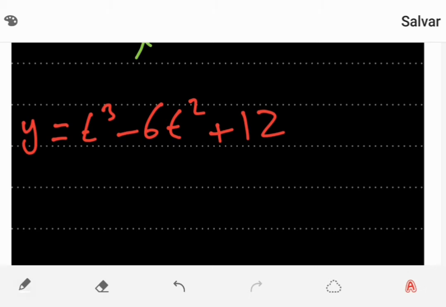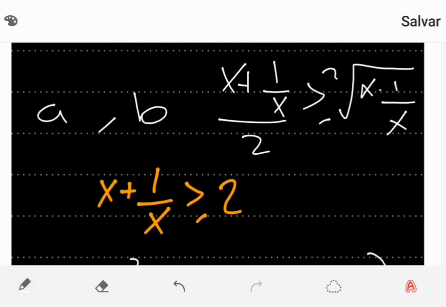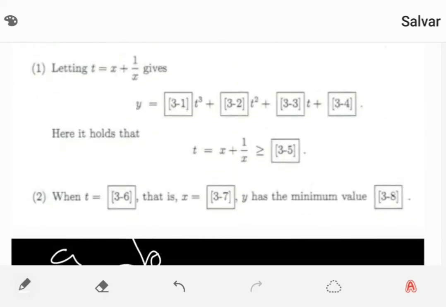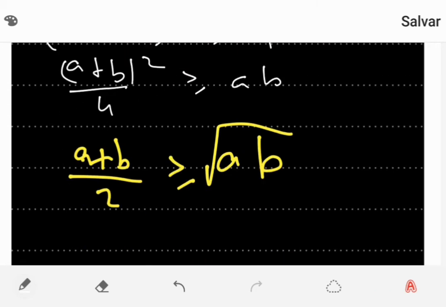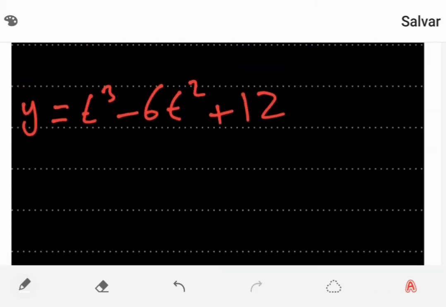So if you want to play with maximums and minimums, you need to remember, you derive and say that it is equal to 0, right? So we want to find when t is equal to something, x is equal to something, and y has a minimum value. So let's find these minimum values, okay? So the derivative of y is 3t squared minus 12t, and the derivative of 12 is 0.